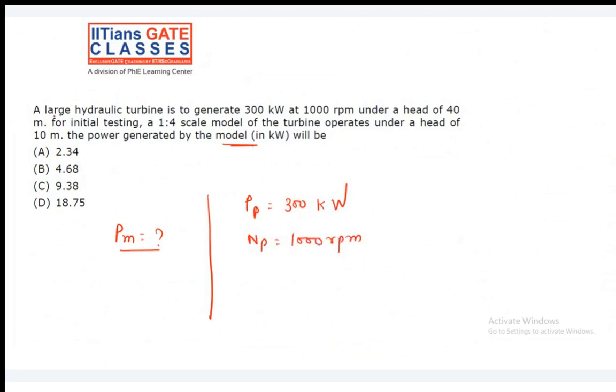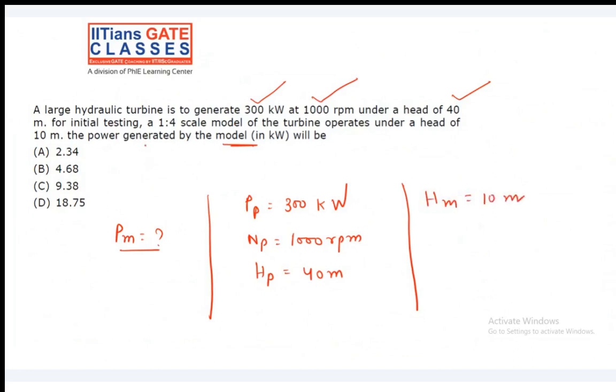Given, na, that a large hydraulic turbine is to generate 300 kilowatt at 1000 rpm under a head of 40 meter. So H of the prototype is also given as 40 meter. Okay. Then it says that testing is under 1 is to 4 scale of the turbine. And what is the head of the model? 10 meter.